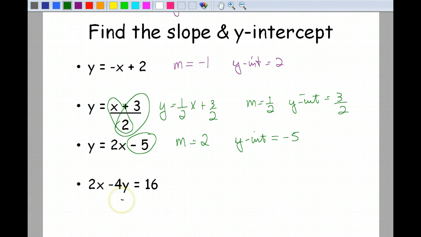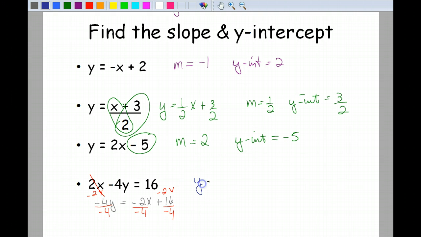Uh-oh, now I've got 2x minus 4y is equal to 16. I'm not in slope-intercept form. I have to rearrange it. Which variable do I want to get by itself? y. So I'm going to subtract 2x from both sides. So now I have negative 4y is equal to negative 2x plus 16. Divide each term by negative 4.